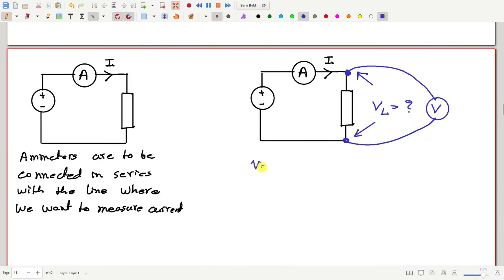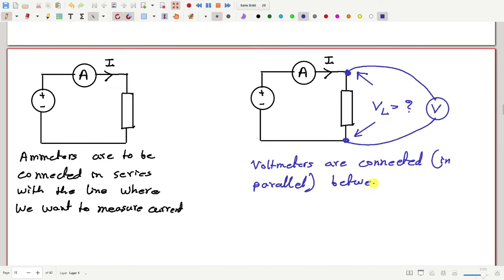So voltmeters are connected in parallel between the points, between the nodes, whose potential difference we want to measure.